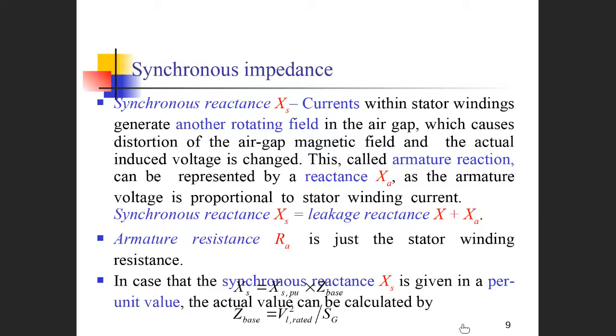As I just explained to you, once there is an armature current, because it is an AC current, this AC current generates an instant magnetic field on the armature coils. This magnetic field interacts with the rotating field produced by the rotor, or produced by the field currents.